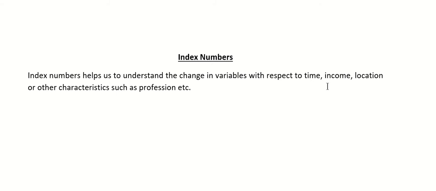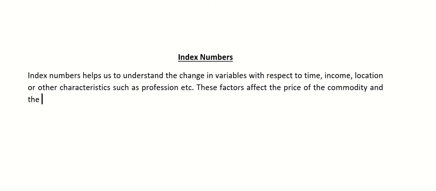So whenever there is a change in income or a change in geographical location or profession, it basically affects the price of the commodity and the quantity of the product.